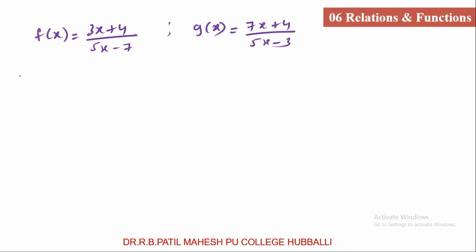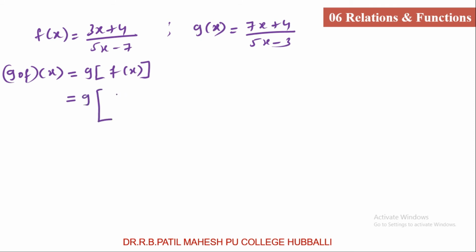Okay, let me have g composition f of x. As you know, g composition f of x can be written g of f of x, just removing the small circle. This is equal to g of, replace the function f of x.